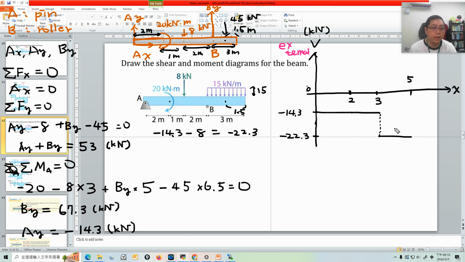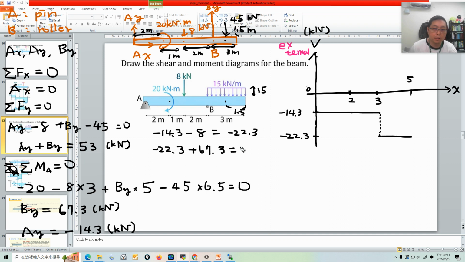And at this point B, be careful here. At this point B, we have a reaction force pointing up. And what's the value? 67.3. So right now we have minus 22.3 plus 67.3. What's the value? I think it's easy, right? It's 45.